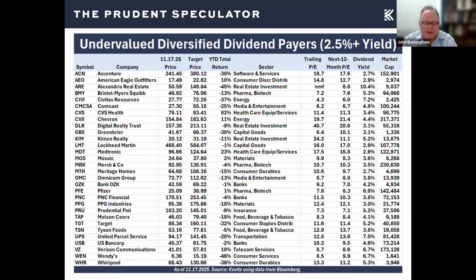Well, that's a great question about indexes. You want to understand how your index is actually constructed, because the majority of indexes are capitalization weighted, meaning that the largest components are what drives the index, and the smaller stocks really have no impact. That's why I said, well, gee, if the Magnificent Seven does poorly, the S&P 500 is likely to do poorly, even if the other 493 stocks manage to tread water or go up a little bit.